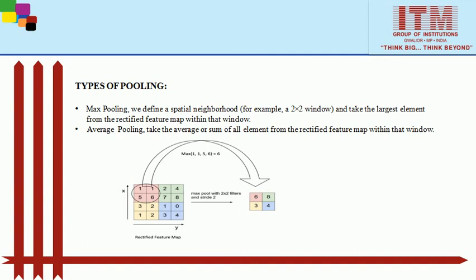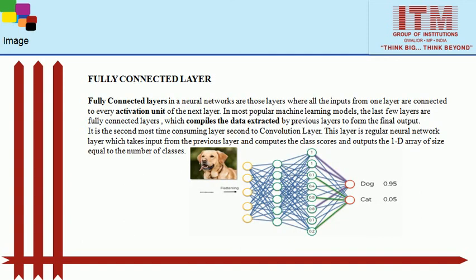Fine. Now the last and the most important layer is called the fully connected layer. This is the layer where all the extracted features, the output images, are present.